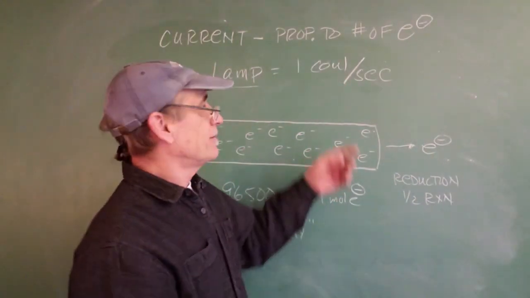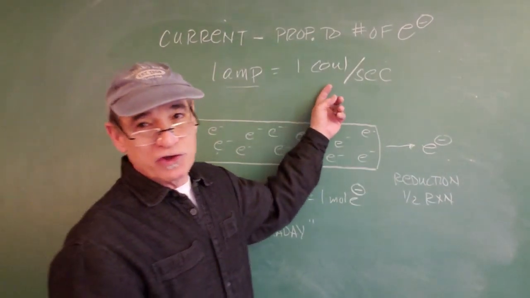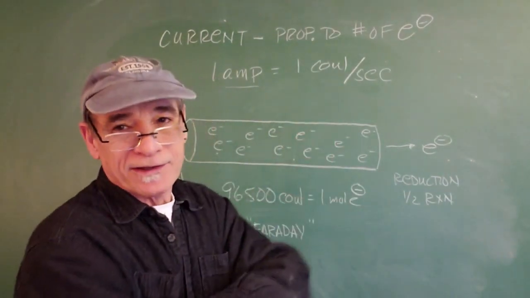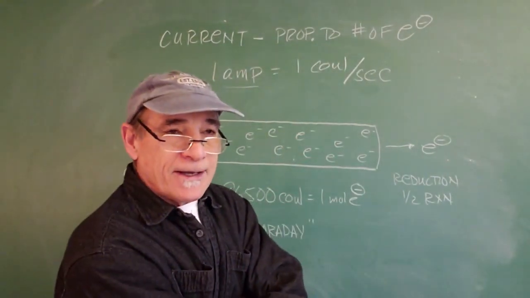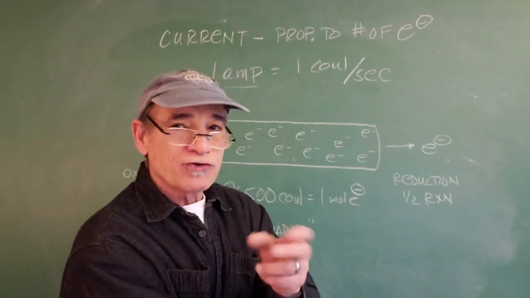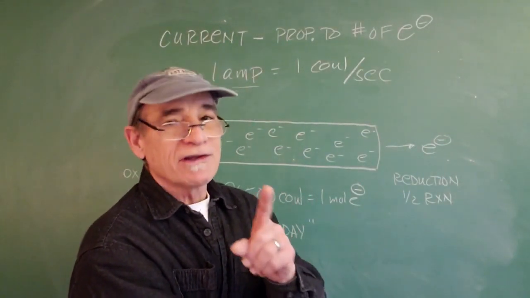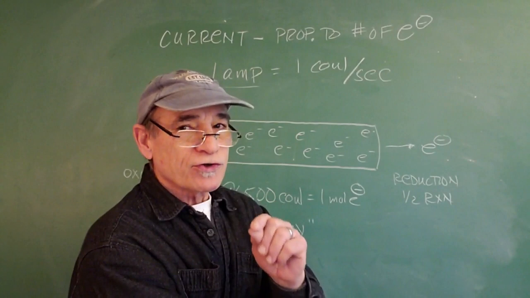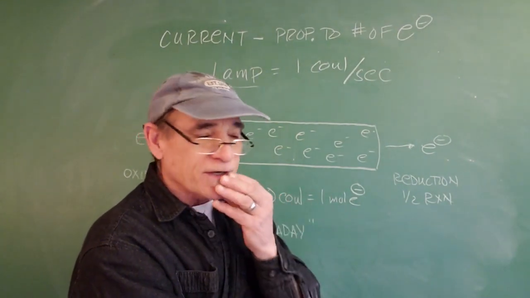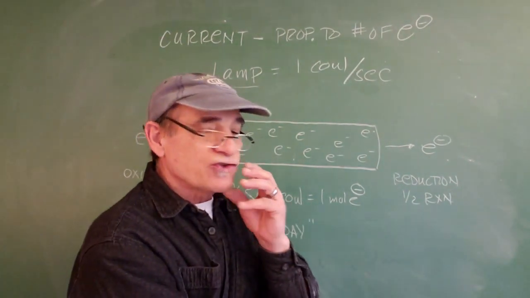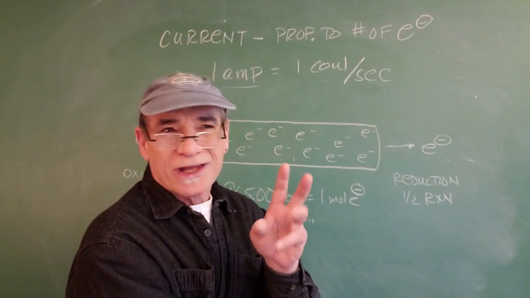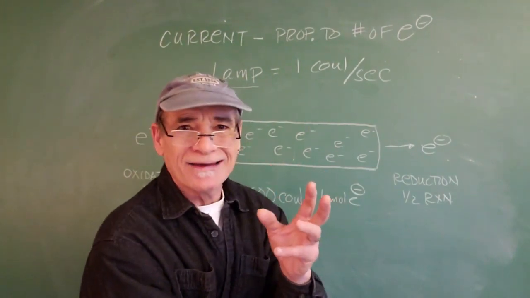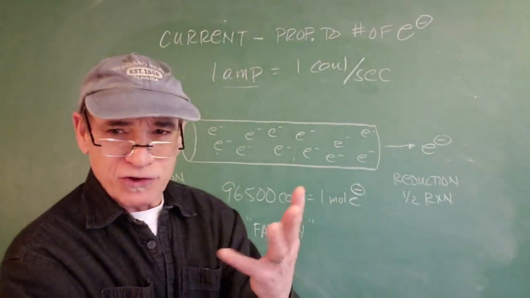Now that's reaching way back to discuss the unit coulomb. This came up back in Chem 130 when we discussed how Robert Millikan measured the charge on a single electron. It's measured in coulombs. This is how you measure charge. The charge on a single electron is 1.6019 times 10 to the minus 19th coulombs.